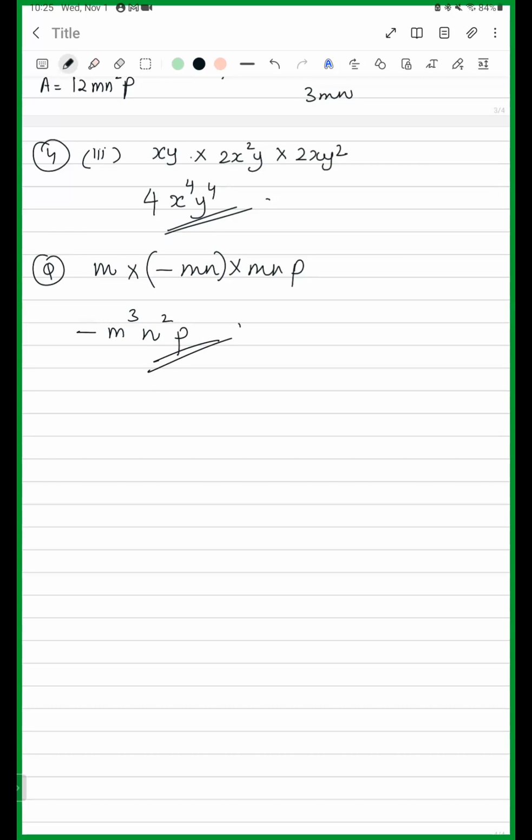Any other question in this exercise that you think you need help with, we will clear it out. No, there is no doubt. Okay, good. Then let's do the next exercise.